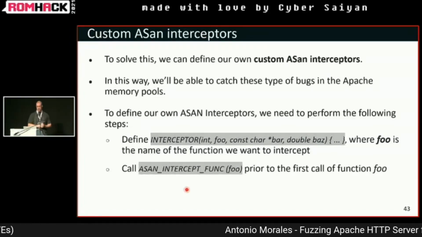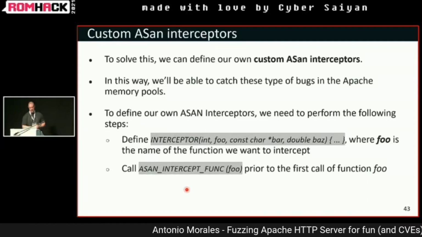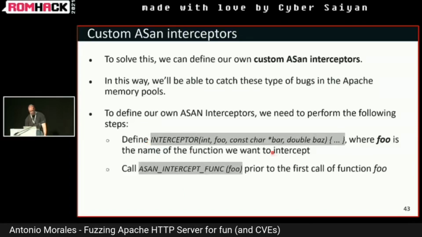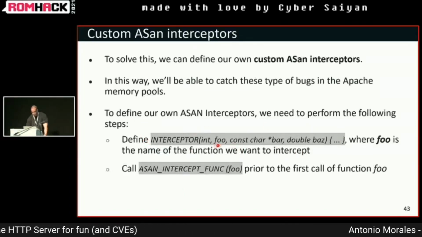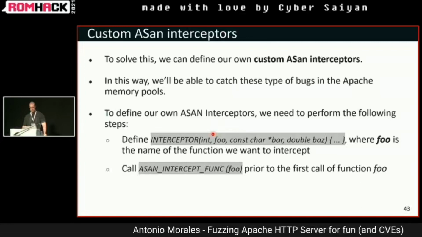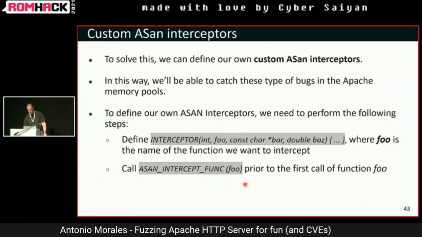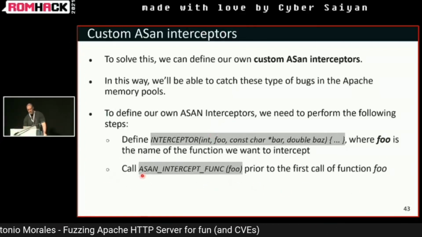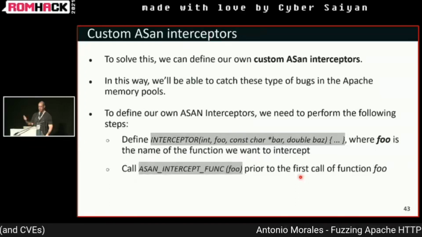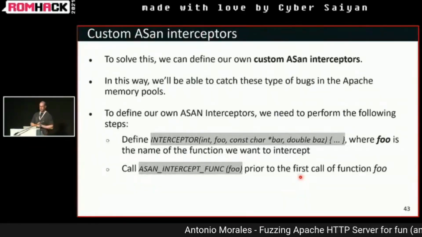The first thing is to define an interceptor function like this, where foo is the name of the function that we want to intercept. And the second thing is to call the ASAN intercept function before the first call of the function foo.